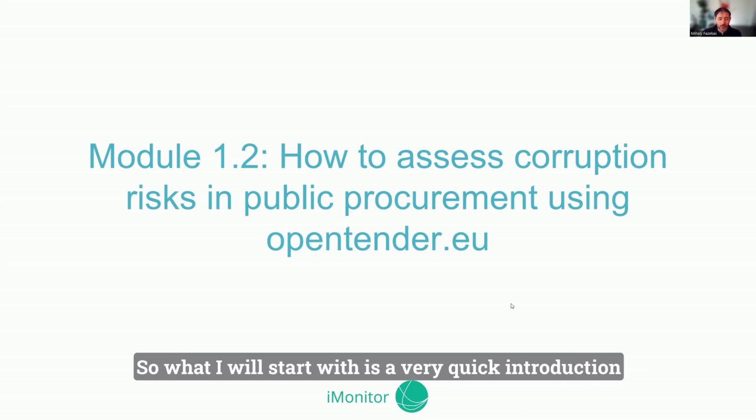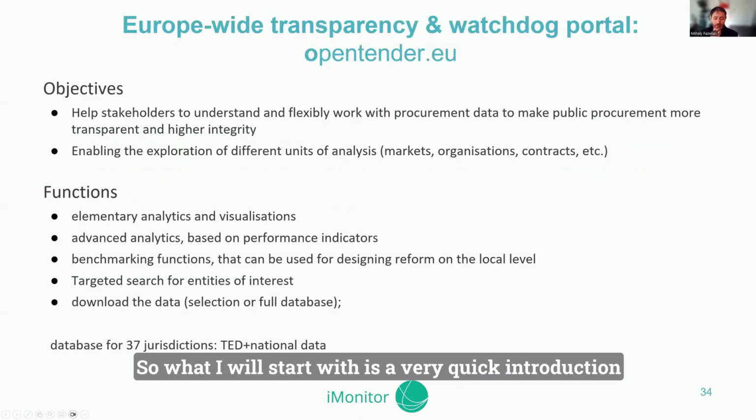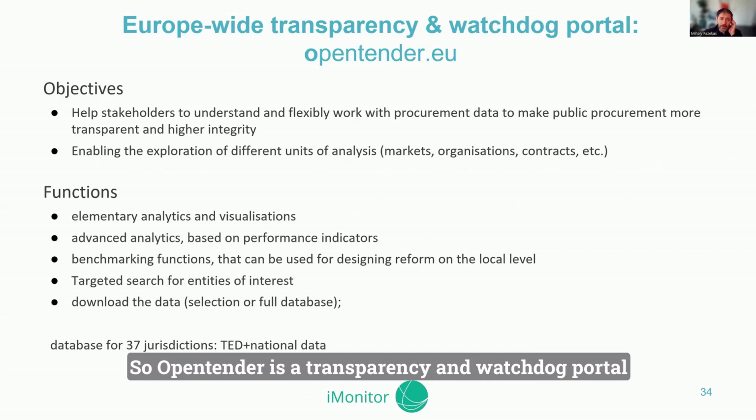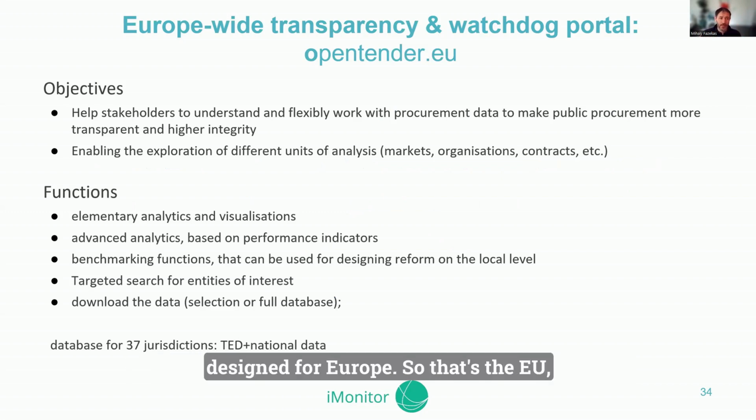So what I will start with is a very quick introduction to what opentender is about, and specifically which indicators, which data sets we have on the website. So opentender is a transparency and watchdog portal designed for Europe, so that's the EU plus quite a few additional countries.